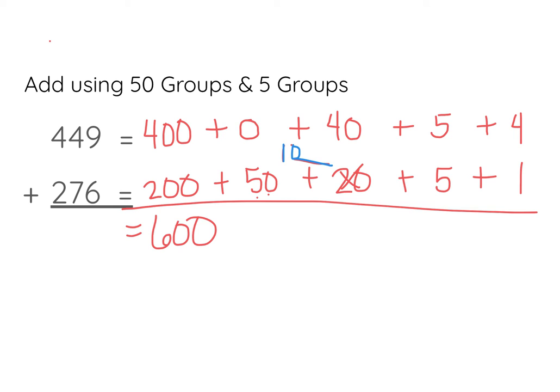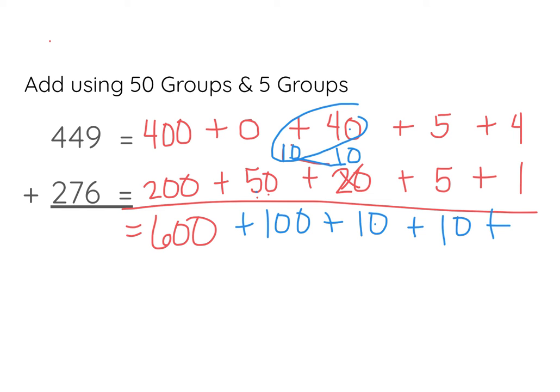If I break out a 10, I have a 10 left. So now I can combine a 40 plus 10 and get 50 plus that 50 for 100. And then I have my 10 left over. And there I have a 10.